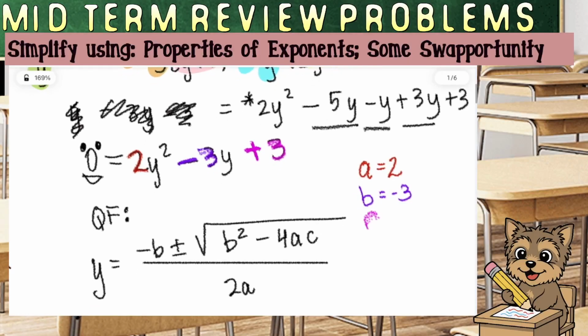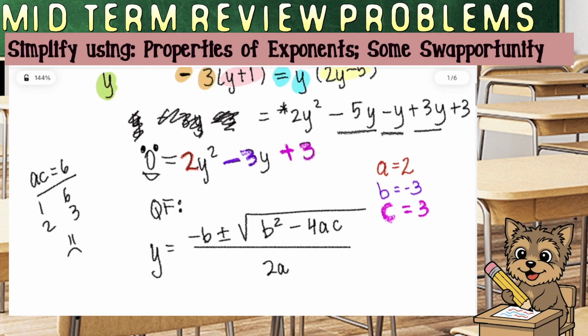Okay, I know these colors are kind of close to each other. So A, B, and C. So I'm going to go ahead and fill them in to the quadratic formula.